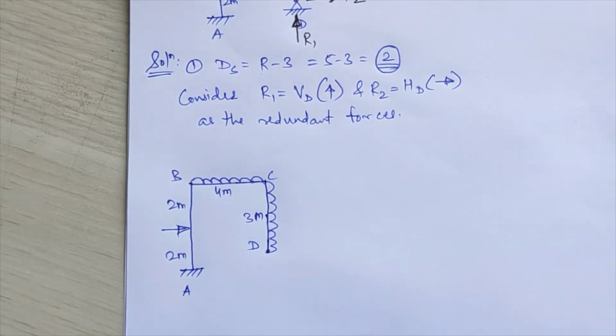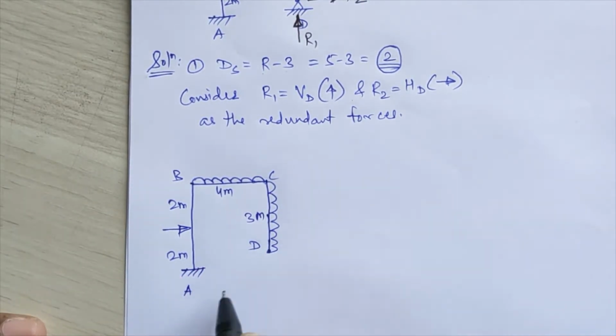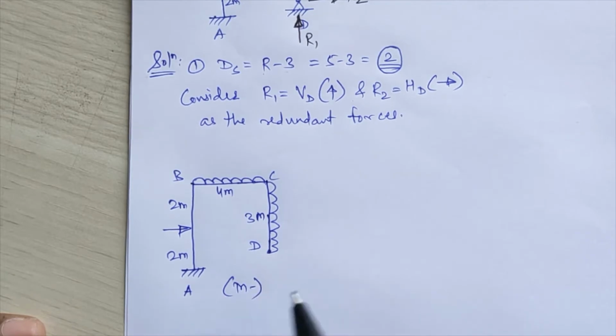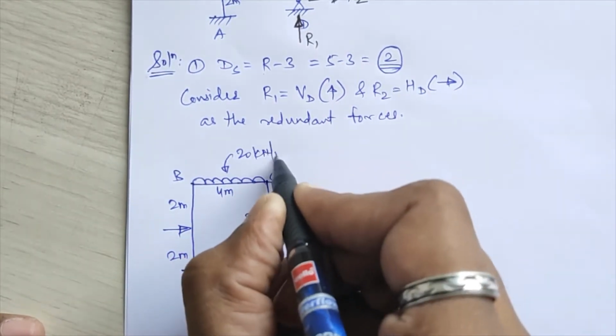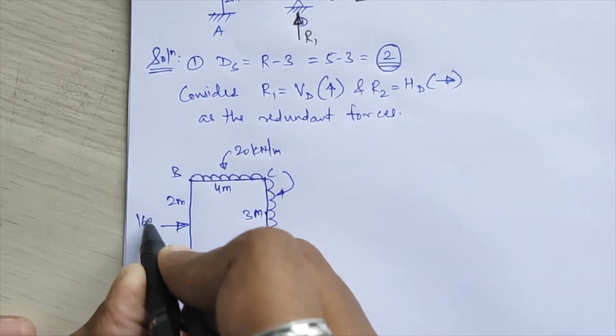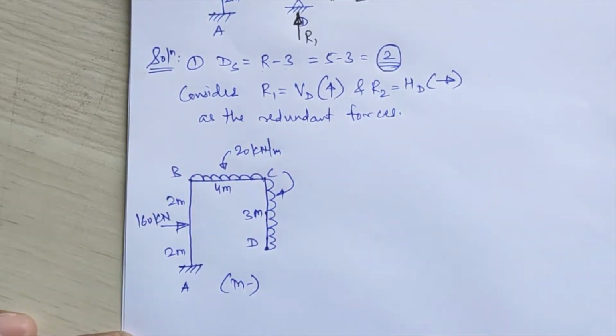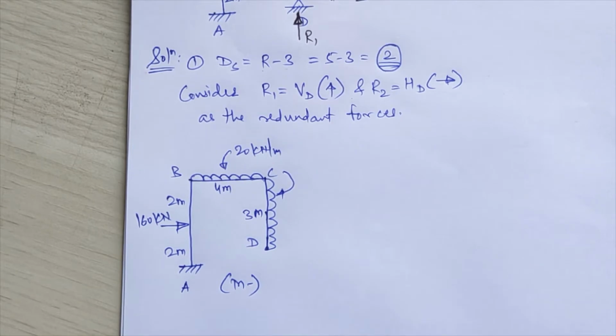So whatever this diagram will be, that will be your capital M diagram. This is your 20 kilonewton per meter, same load here, and this is the 160 kilonewton. So that is my capital M diagram, in which I have removed my assumed redundants.